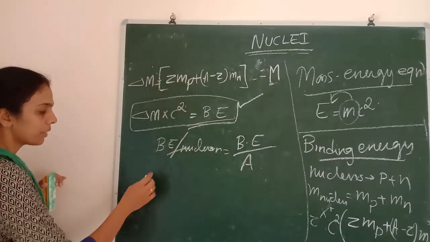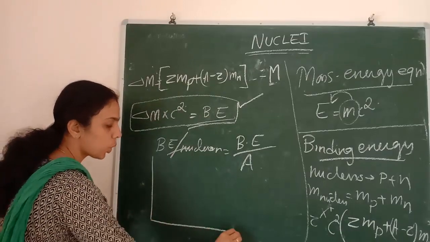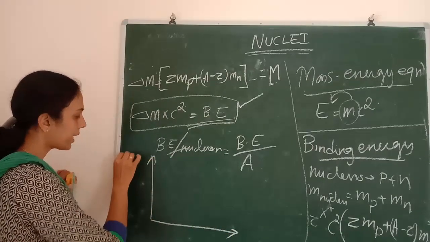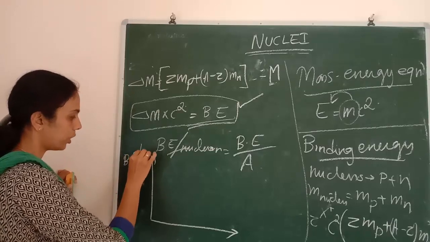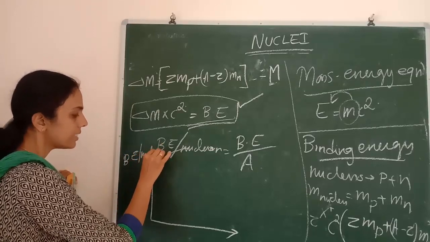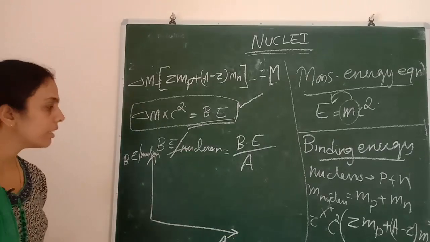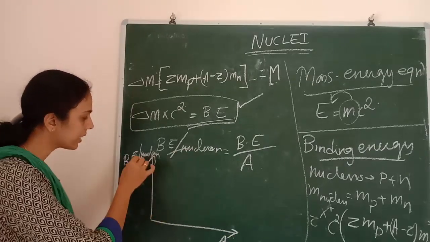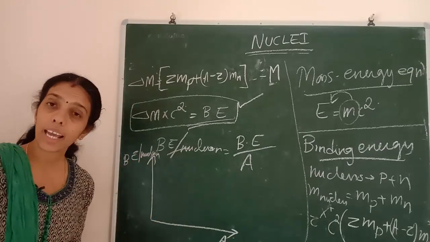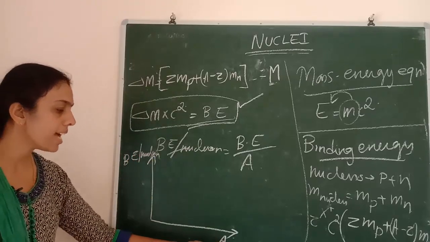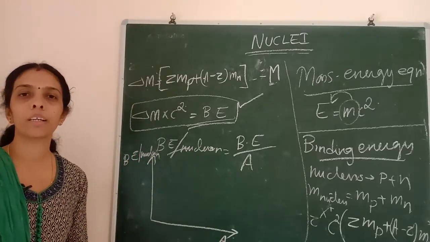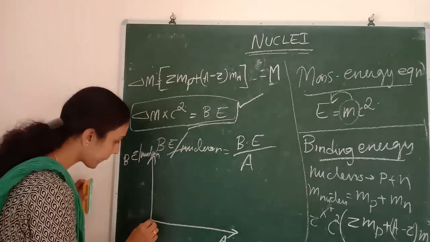If we draw a graph between binding energy per nucleon and mass number, we will get a graph like this.